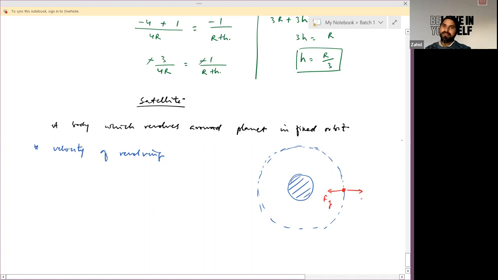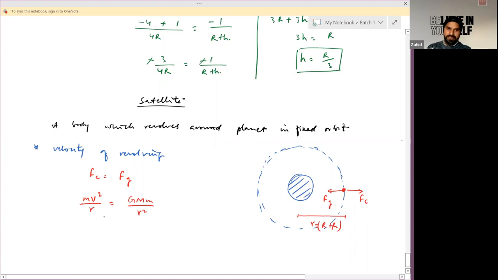So here we have gravitational force, which must balance this centrifugal force. So just equate Fc equals Fg. Fc is mv squared over r and Fg is GMm over r squared. This distance from the center is small r, which may be R plus h.